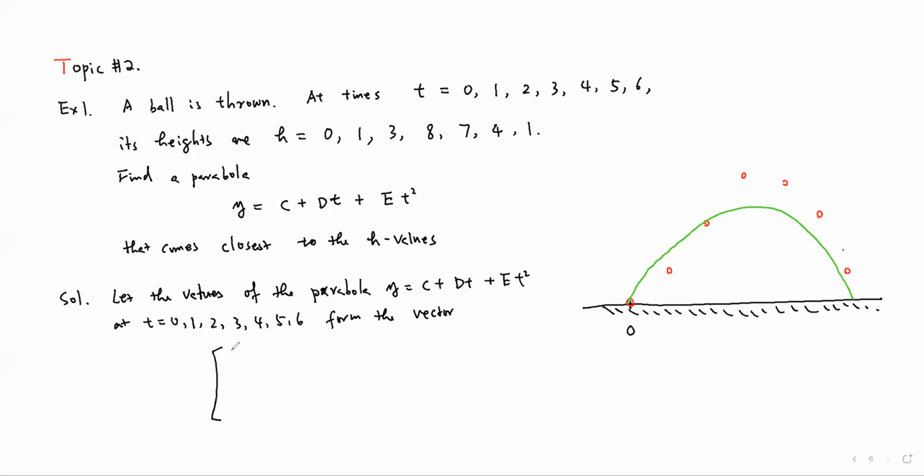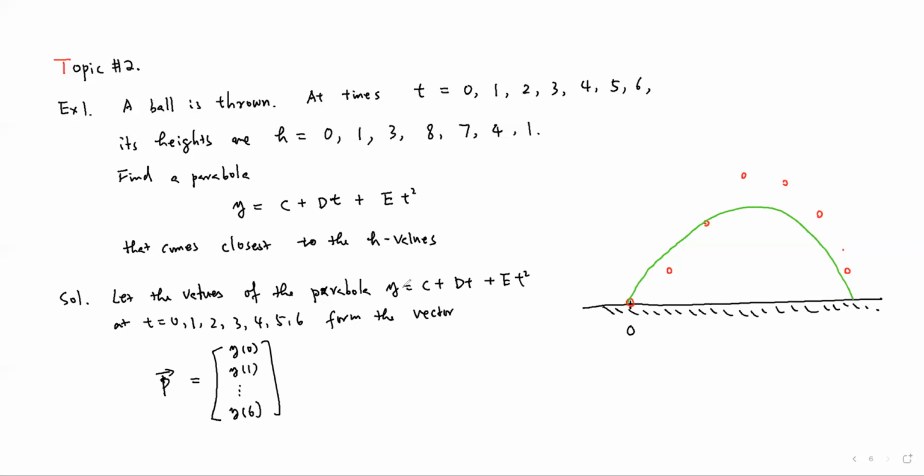The value of the parabola at 0 is y0, y1, and so on. The last is y6. They form a vector. Let me denote this vector by the letter P. P means parabola.